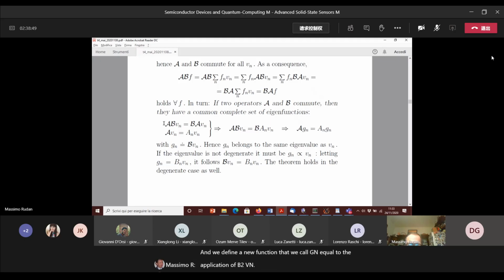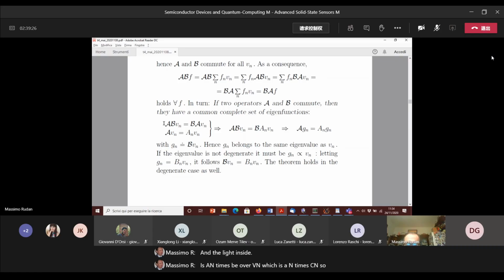So we find that if Vn is an eigenfunction of A, also Gn is an eigenfunction of A, because this is given by the procedure that we have just found. You see the equation, A followed by B over Vn is like A over Gn. And the right-hand side is An times B over Vn, which is An times Gn.